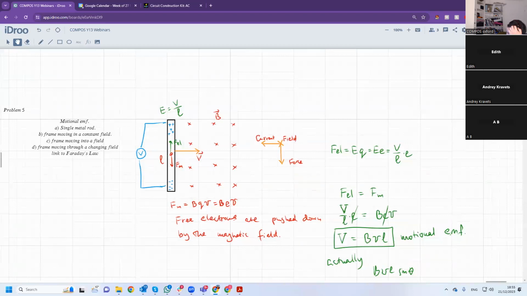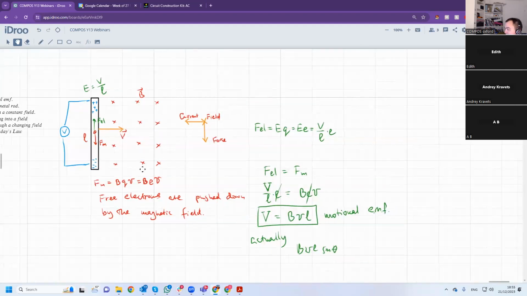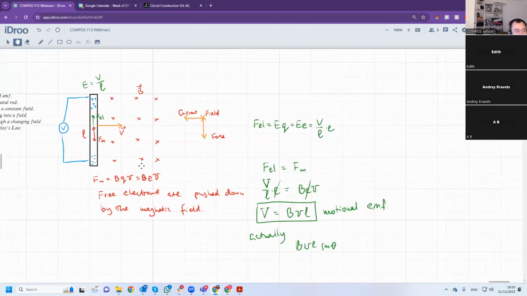Does that make sense? Did I answer your question, Edith? That how do we know that the forces are balanced? Well, theta is defined depending on the angle.